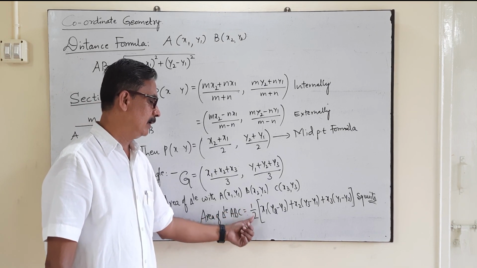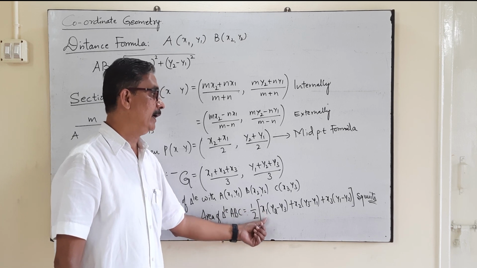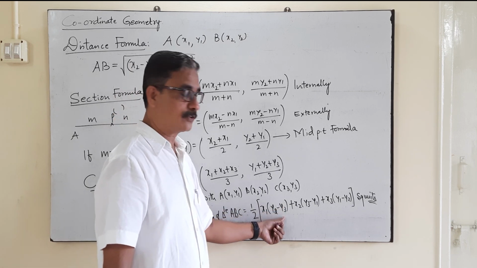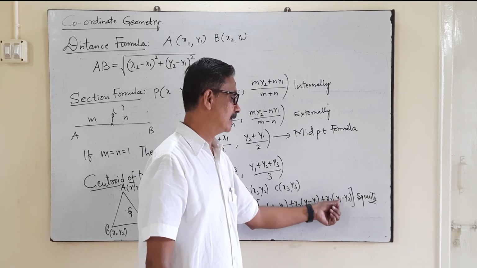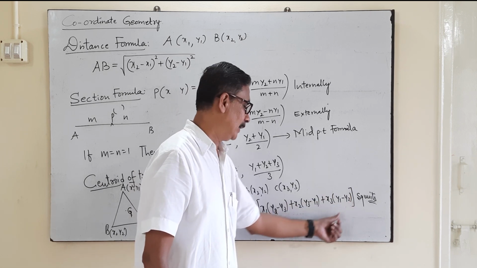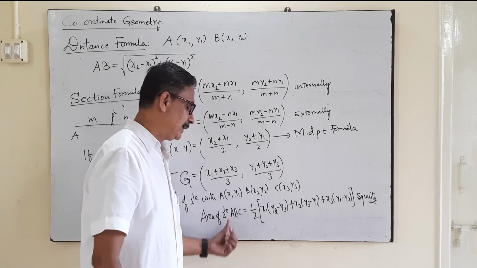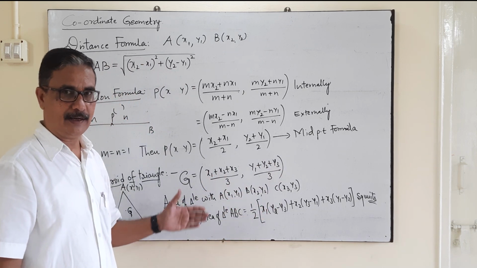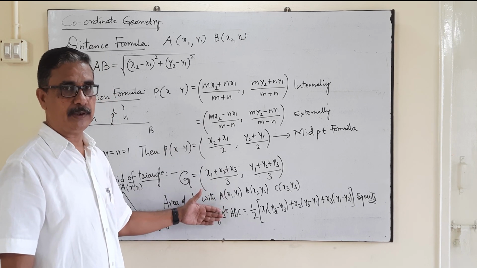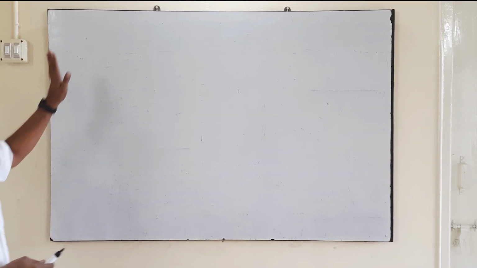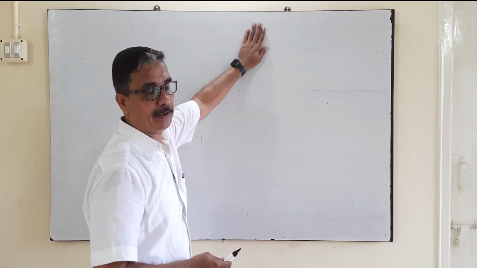Remember the formula, half into bracket x1 into bracket y2 minus y3 plus x2 into bracket y3 minus y1 plus x3 into bracket y1 minus y2. This is the formula for area of triangle. ಐಡಿಯಾ ಬಂತಲ್ಲ? ಸೊ ಇವೆಲ್ಲ ಫಾರ್ಮುಲಾ ನೋಟ್ ಮಾಡ್ಕೋಬೇಕು, ನೆನಪಿಟ್ಕೋಬೇಕು. ಓಕೆ?